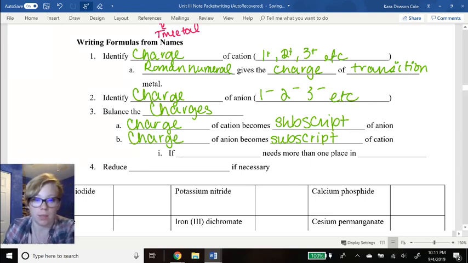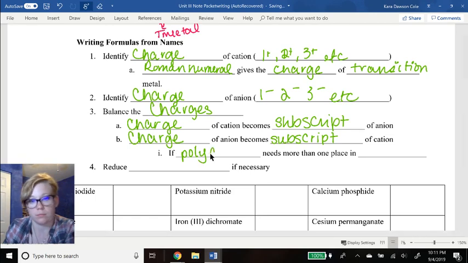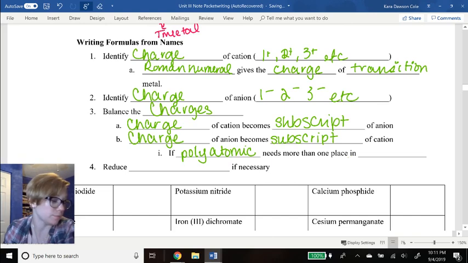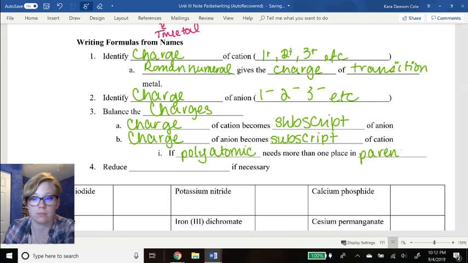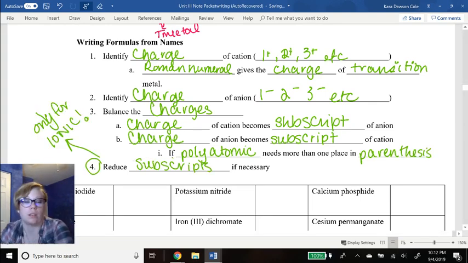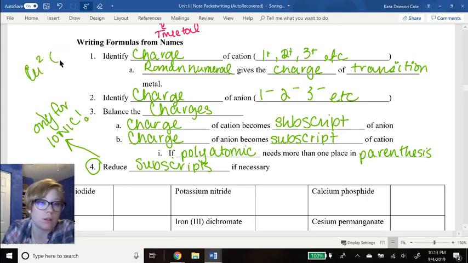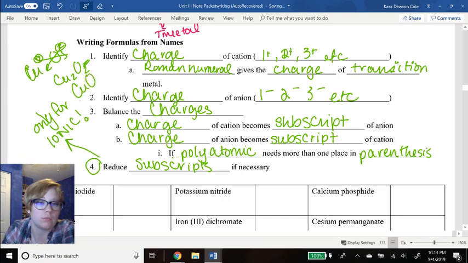If you have a polyatomic that needs more than one, you're going to place it in parentheses. Then reduce subscripts if necessary. This is only for ionic. So if I've got Cu2O2, I'm going to reduce this to CuO.